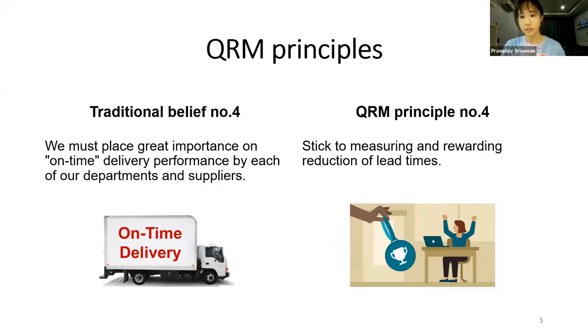Because of human nature, people tend to pad their quoted lead time to maximize the chance that they can produce parts and deliver them on time, which contrasts with the QRM principle that we want to reduce lead time.